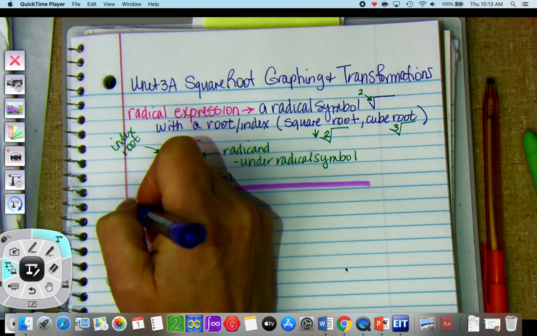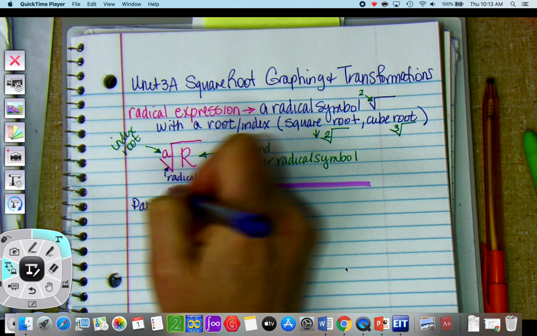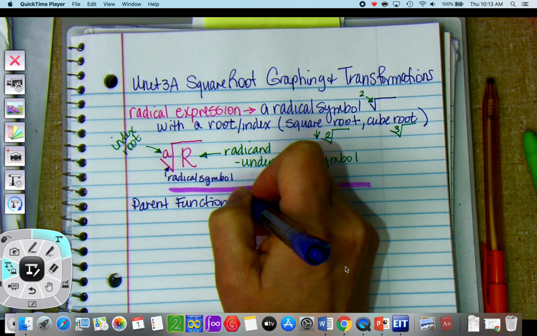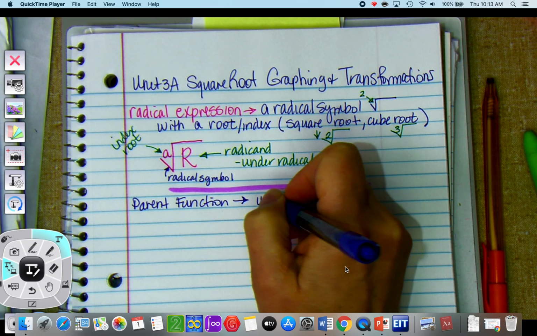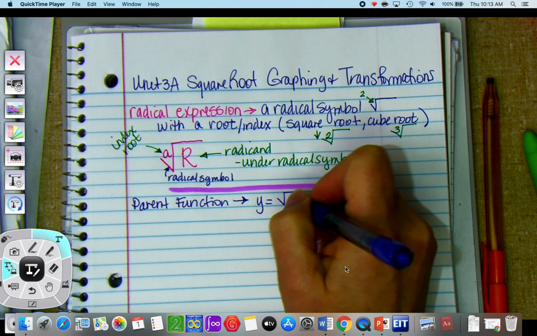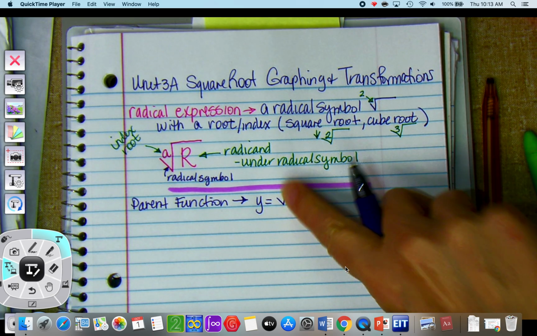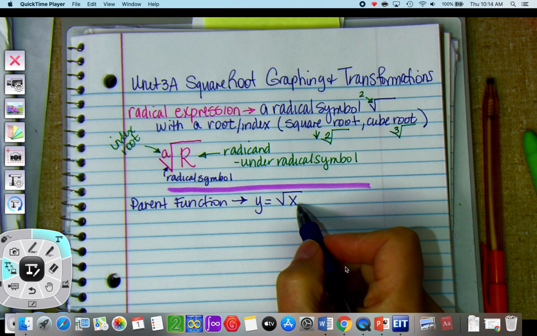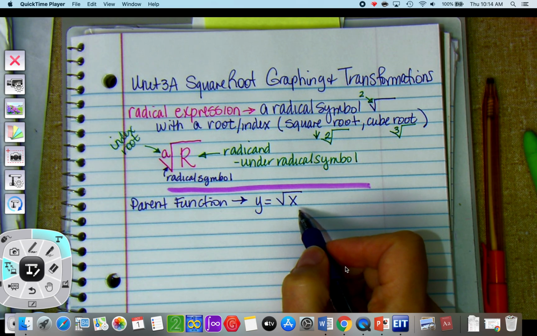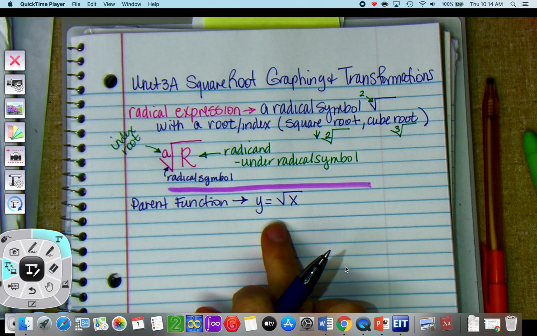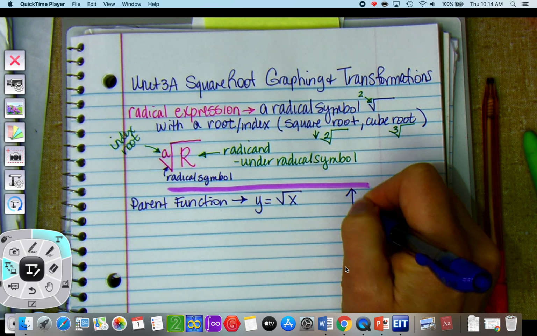For a square root function, our parent function is y is equal to the square root of x. And once again, you don't see a little index, so that's a 2. X is the variable underneath that radical. The coefficient in front of that x is a 1. So that's 1x. All right, so that's just the radical square root parent function.